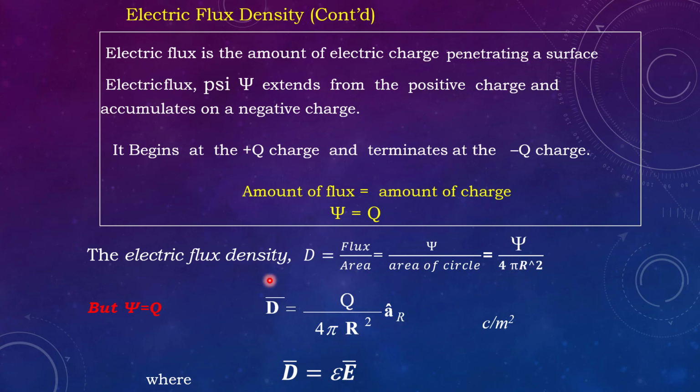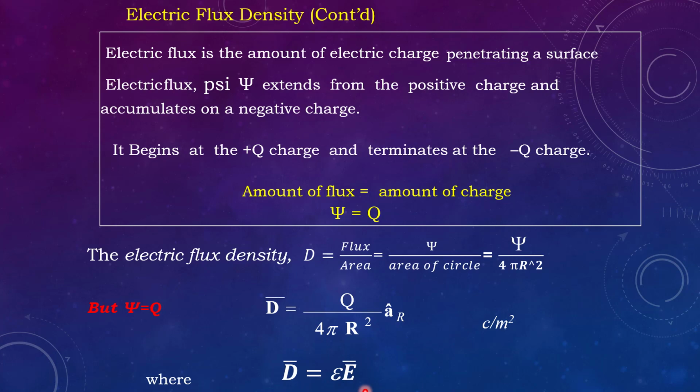This equation is the equation for flux density on the surface of a sphere, or at any point on the surface. D bar is measured in coulomb per meter square because q is measured in coulombs and the area is in meter square.